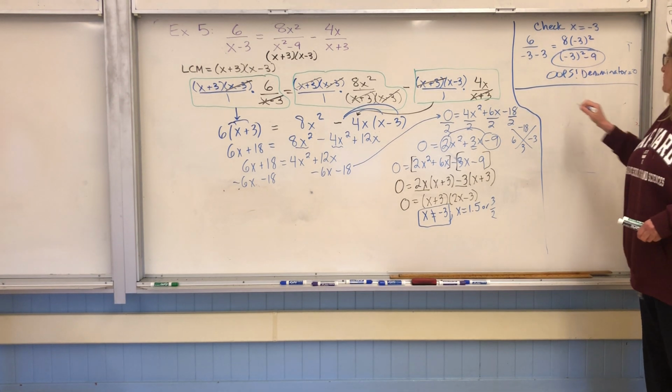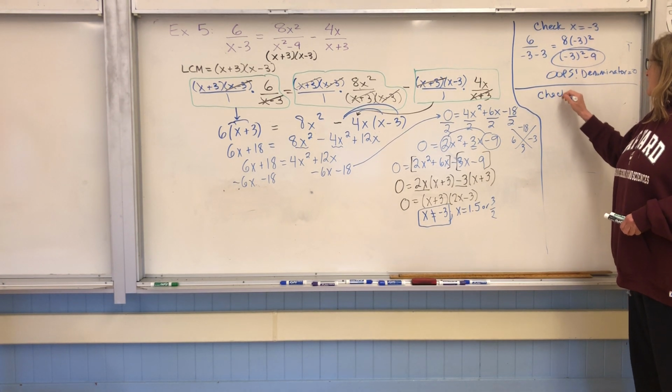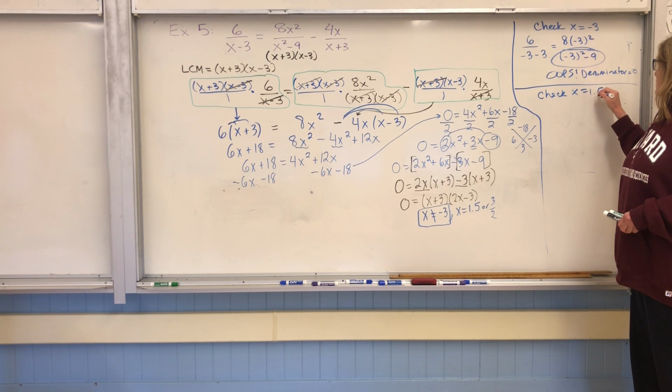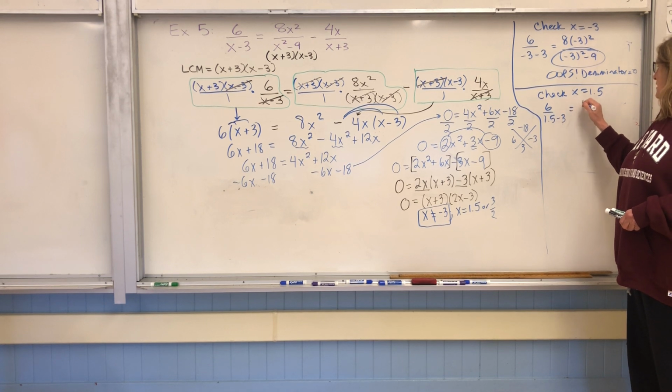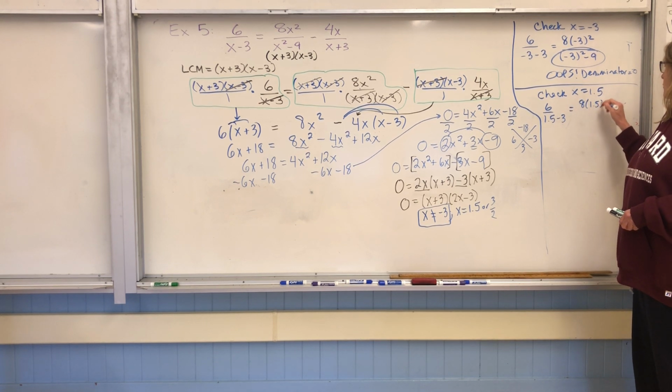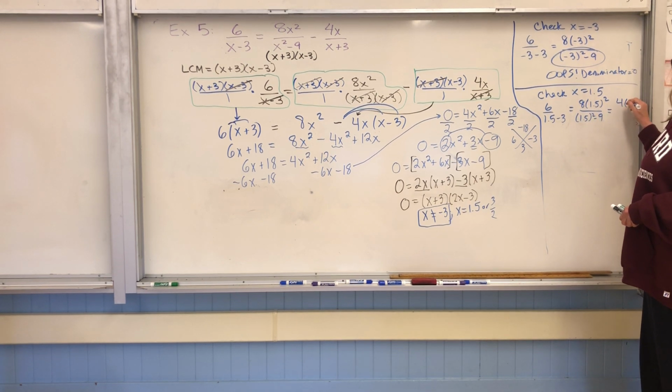So we're going to hope for 1.5. So let's check that out. 6 over 1.5 minus 3 equals 8 times 1.5 squared over 1.5 squared minus 9 equals 4 times 1.5 over 1.5 plus 3.